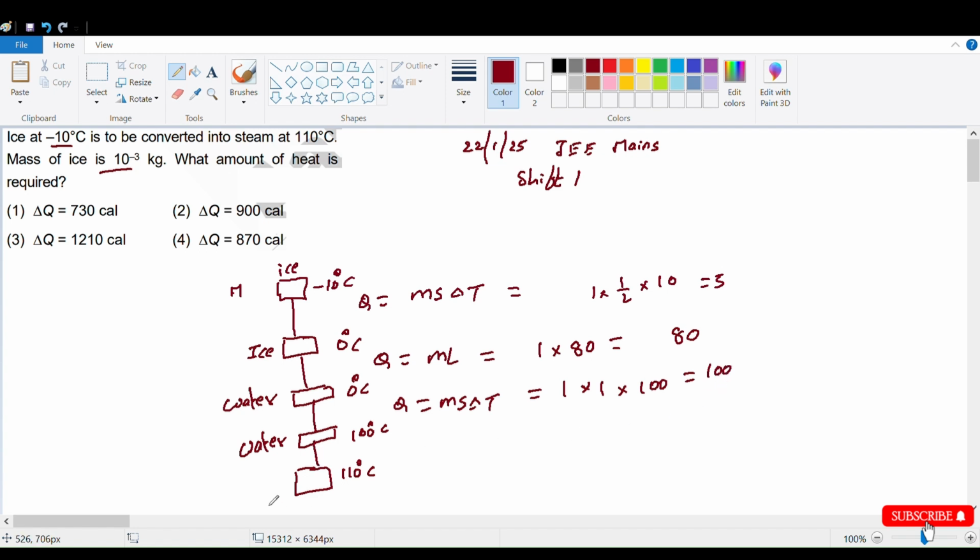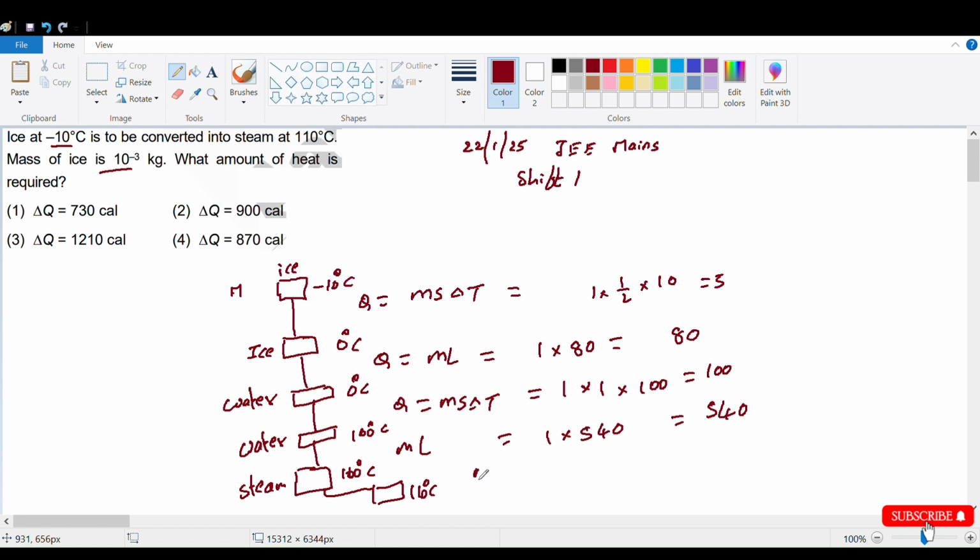Now it will reach steam at 100 degrees Celsius. So again formula mL, m value 1, L value 540 calories. So it is 540. Then again it reaches 110 degrees Celsius. Correct?